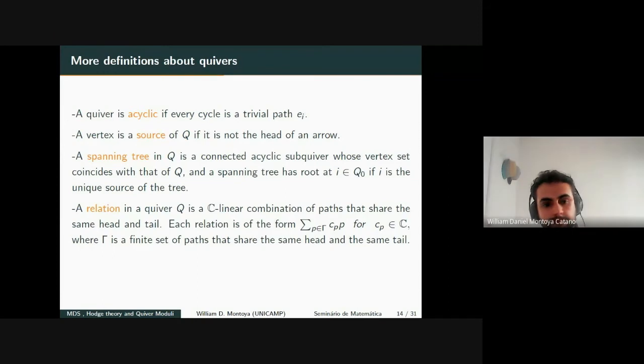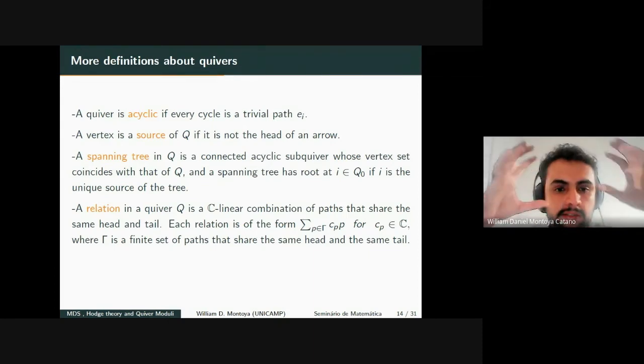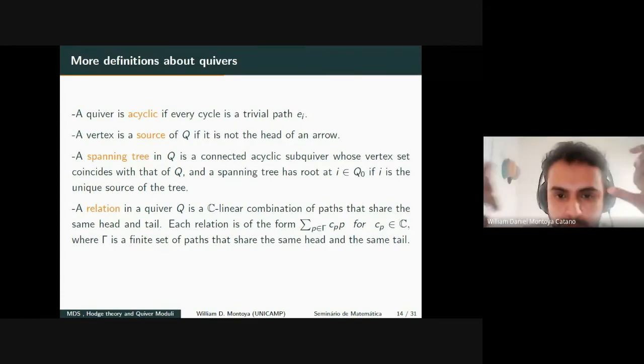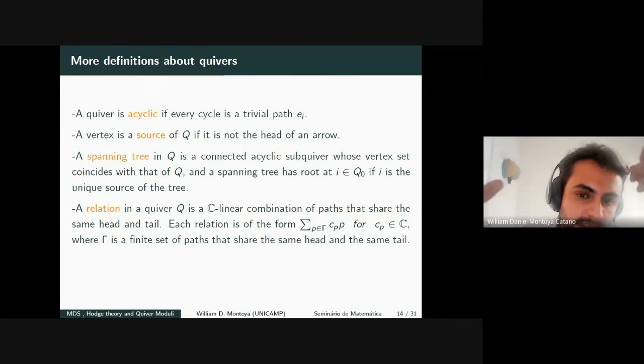The way that I imagine quivers or representations of quivers is that the ones that don't have relations are going to play the role of an ambient space. But if you put relations, they are going to represent subschemes of the moduli of quiver representations.